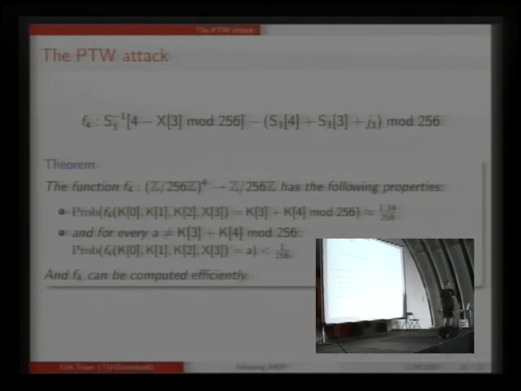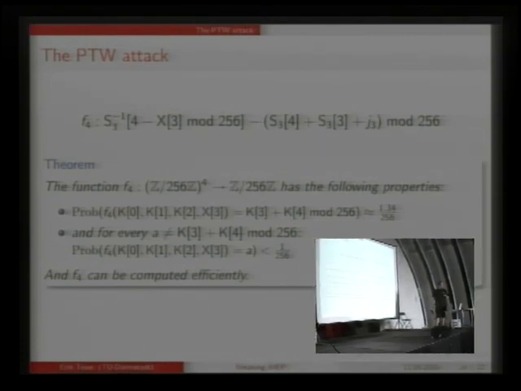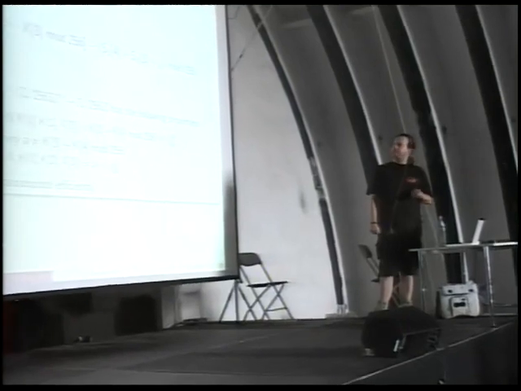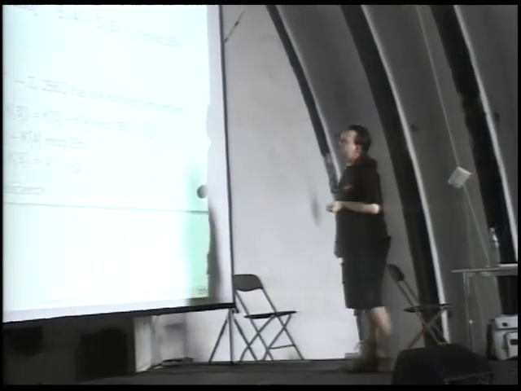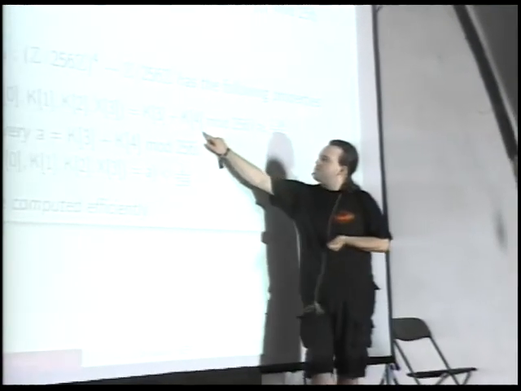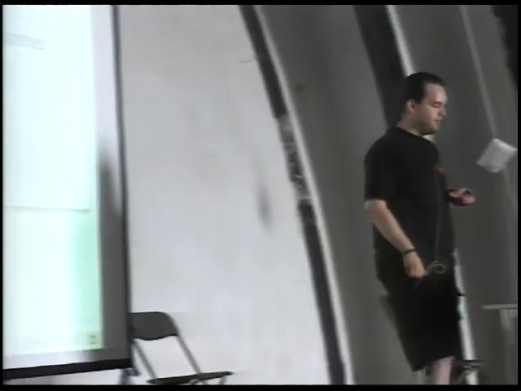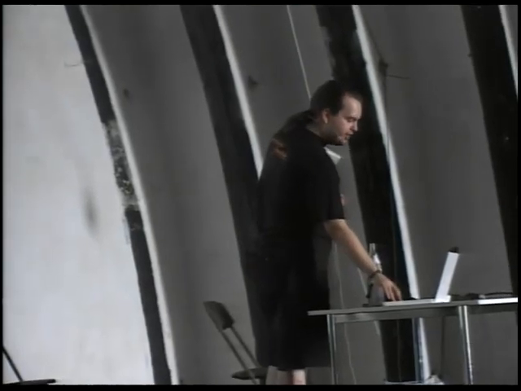And after you know the sum of the first 2 key bytes and you know the first key byte, you can find the second key byte, because you can just subtract the first key byte from the sum, and then you get just K4, which is the second byte of your secret root key. And you can very efficiently compute this formula.